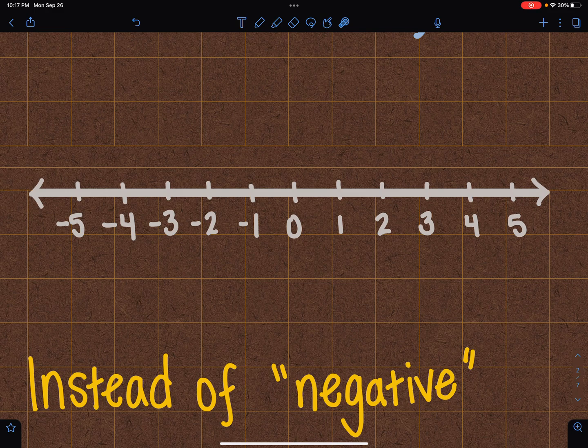Okay. So one more thing here that it points out in the book, and if you're following along, this is on page 34. So this number right here is 2. If we graph this one, it's the opposite of 2. But what if you have the opposite of the opposite of 2? Then it would be back to the 2.